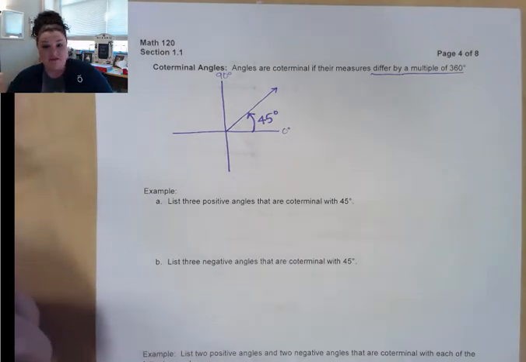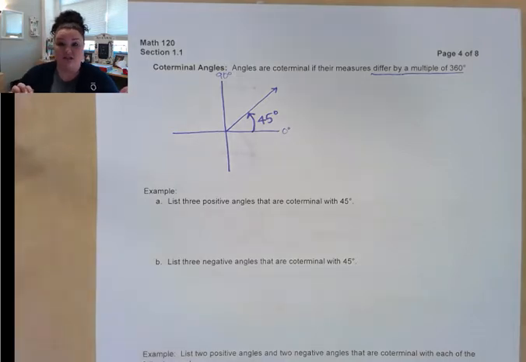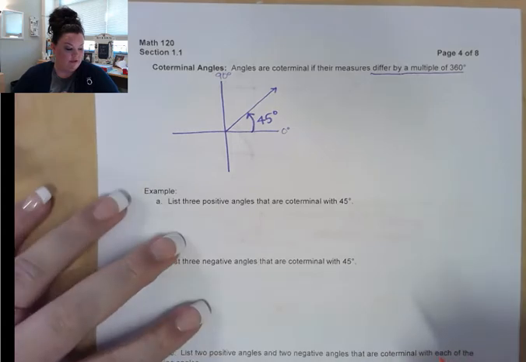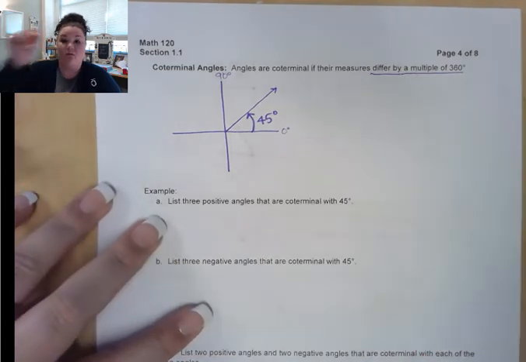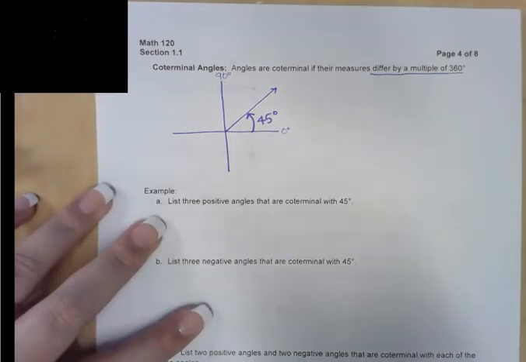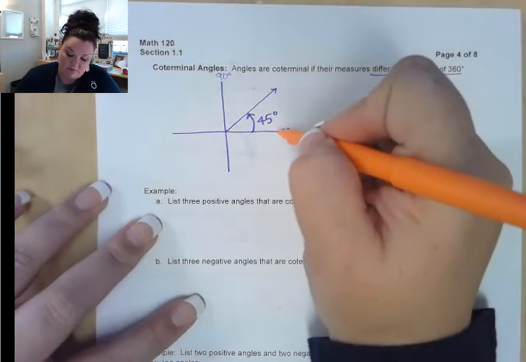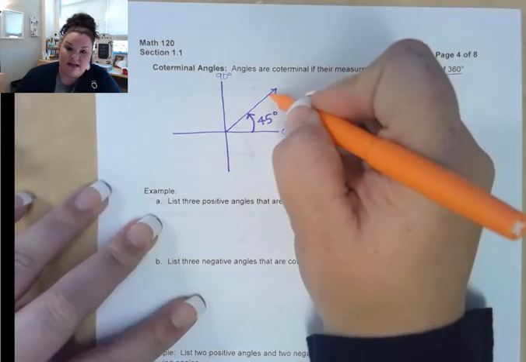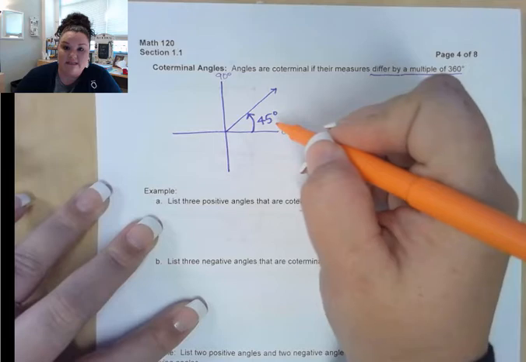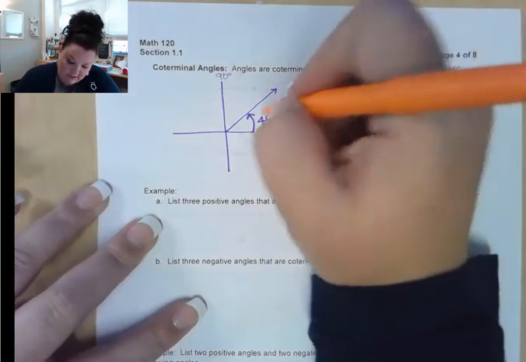So I could either add 360 degrees or I could subtract 360 degrees, right? One way to do that is to complete an entire rotation. If I went up to 45 degrees and then added a whole 360, that would be starting here.